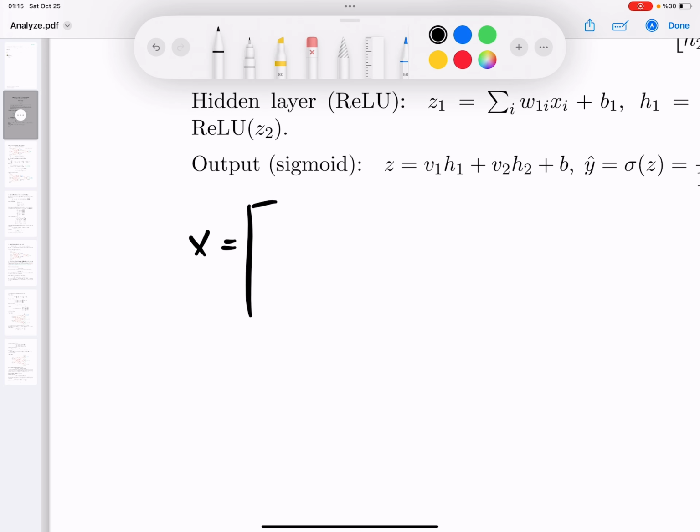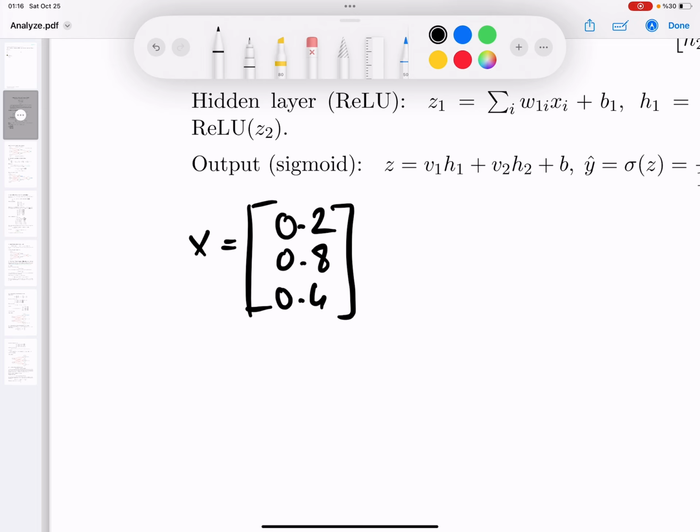Let's say 1, 2, 8. And you can even say they represent words.